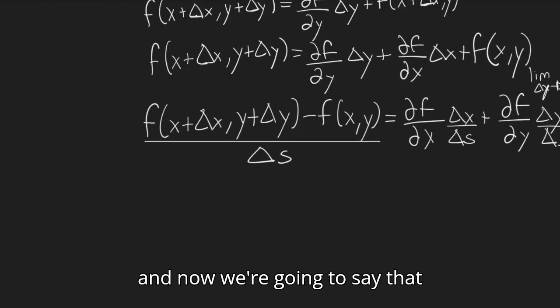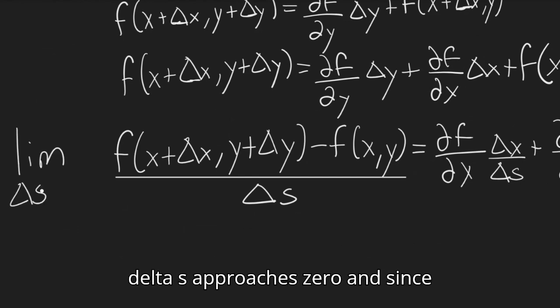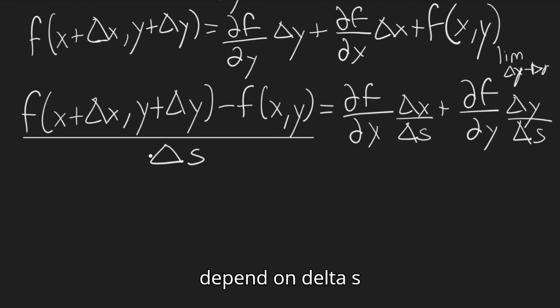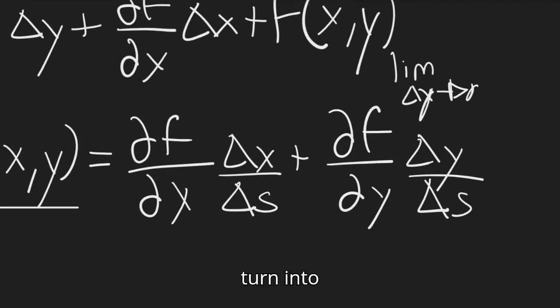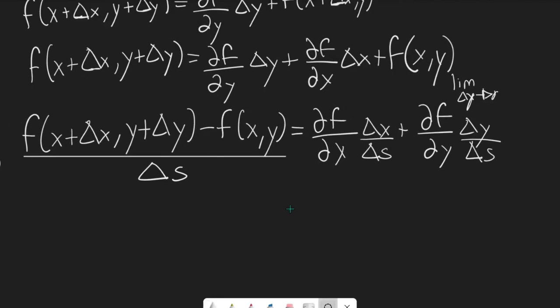And now we're going to say that this is a limit as delta s approaches 0. And since both delta x and delta y depend on delta s, these are going to turn into derivatives. So now I'm going to copy this.